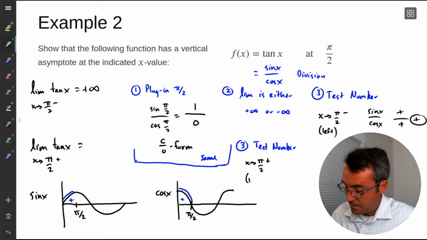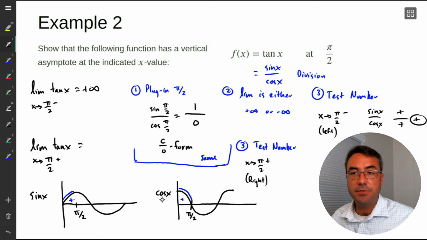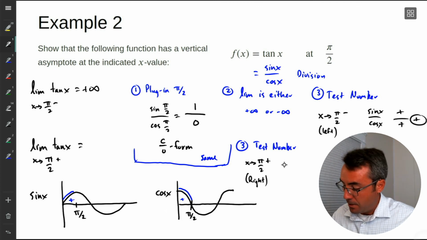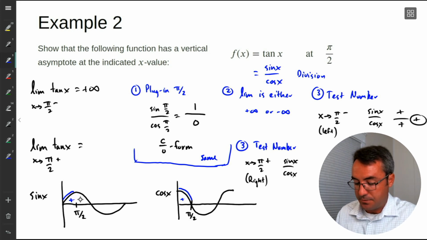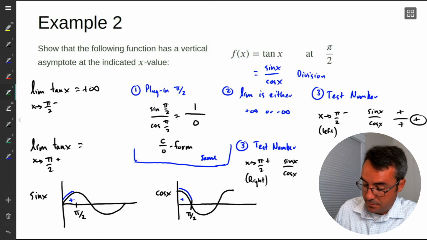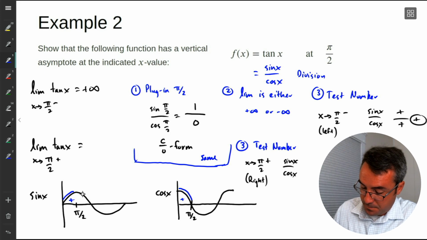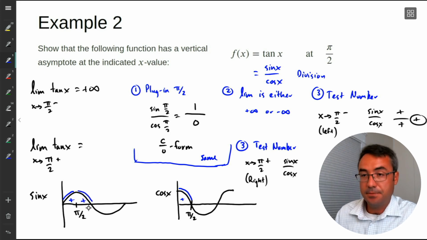And if we go to our graphs, it helps to have these graphs kind of in mind or sketch them out. We're looking at sine over cosine. And so if we go to our sine curve and we identify pi over 2 and look to the right of that, well, it's positive.